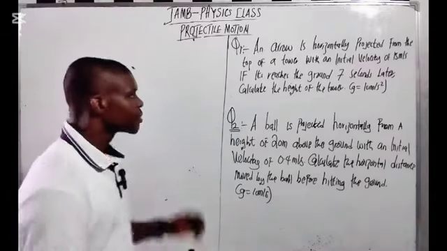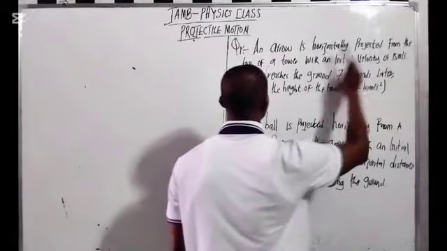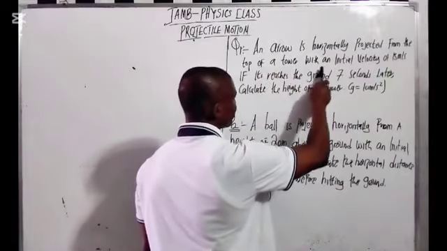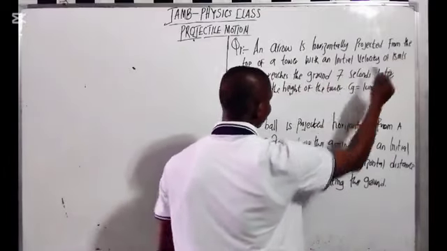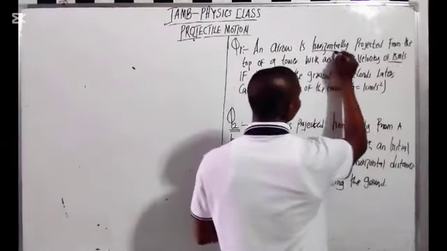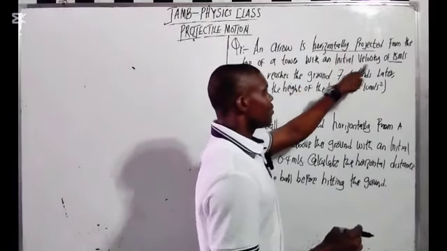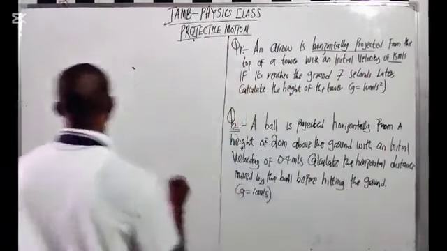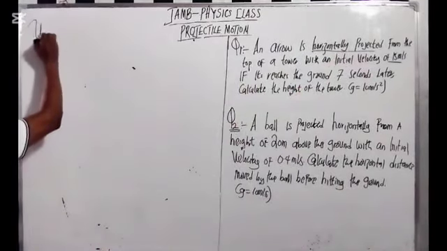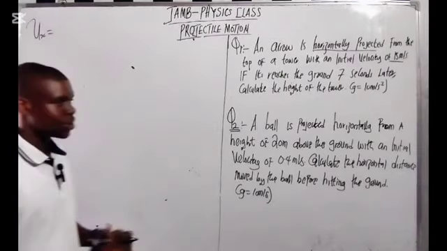Motion under gravity. So, an arrow is horizontally projected from the top of a tower with an initial velocity of 15 meters per second. Now this one you're seeing here is called horizontally projected. So this is called horizontal initial velocity. So this is called U x, which is the initial horizontal velocity. Just horizontal.